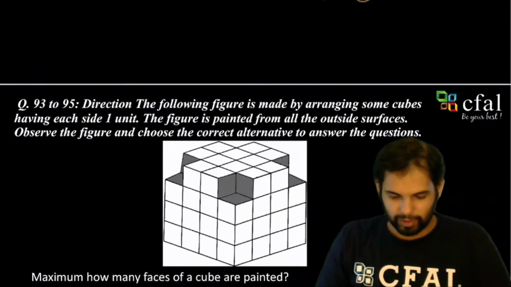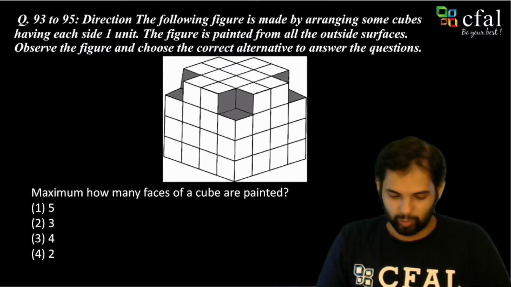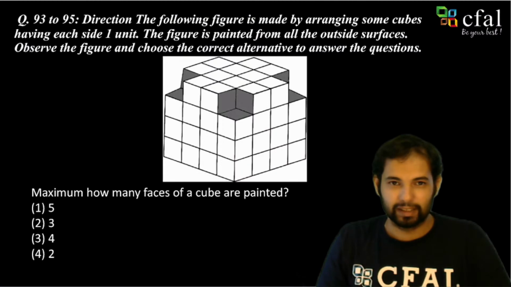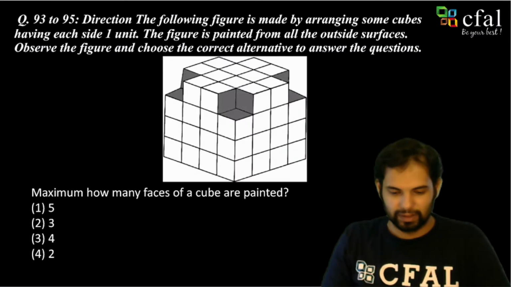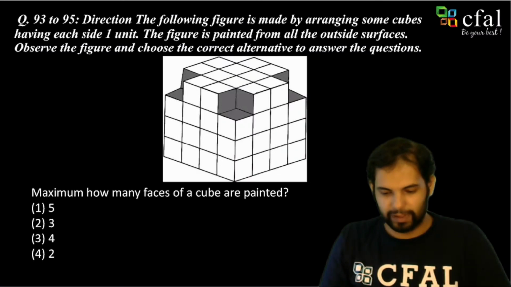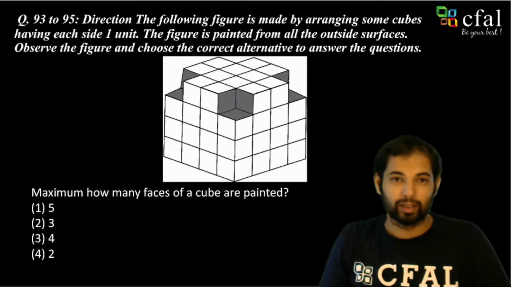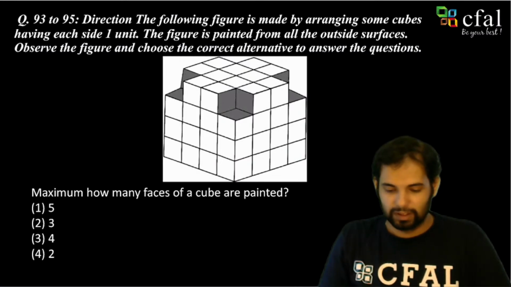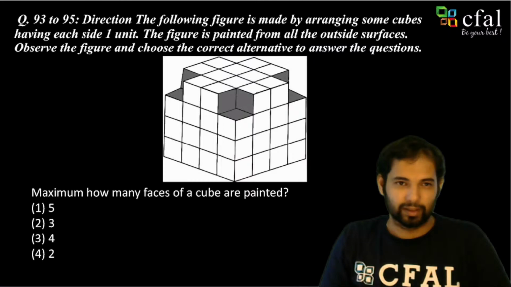Great. Many of you are figuring it out. Now this cube question. That time we had a difficulty. First time probably you're solving, and we didn't have an option. Now let's see. The following figure is made by arranging some cubes having each side of one unit. The figure is painted from all outside surfaces. Now the color is not important.